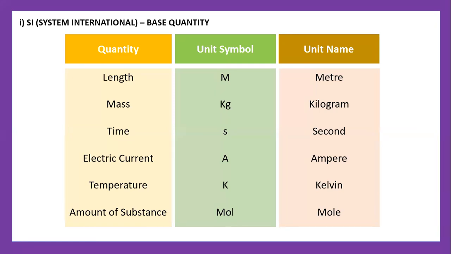Electric current, the unit symbol used is A, which represents ampere. Temperature is K, which represents Kelvin. And amount of substance, we use the unit symbol mol, or we call it mole, M-O-L-E.